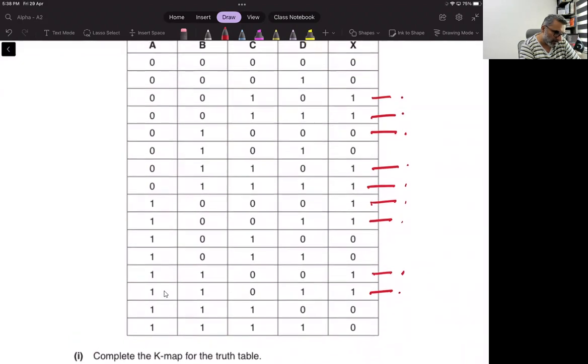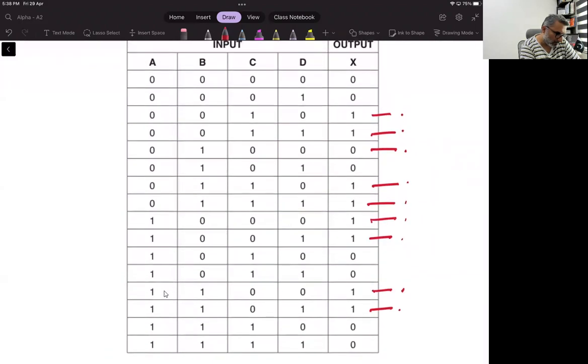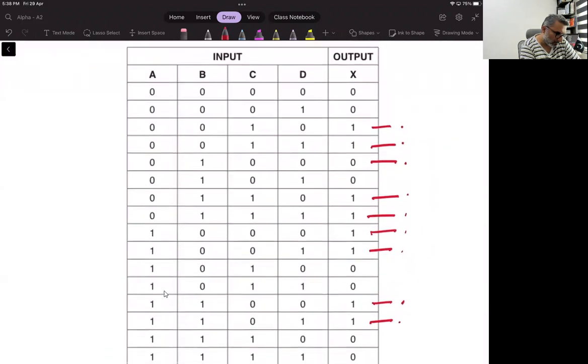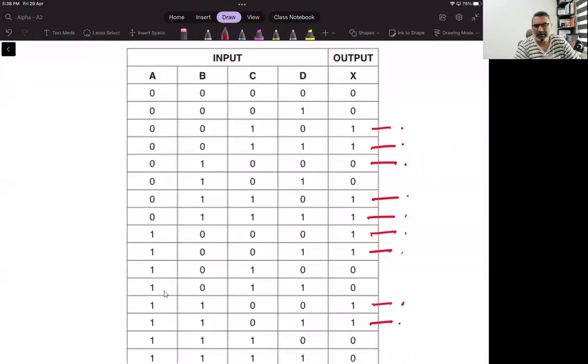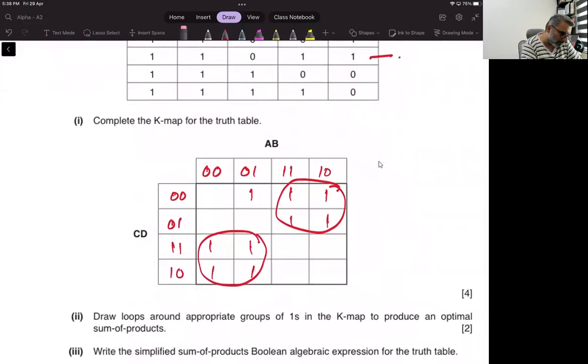Huh? We have 8 outputs. You took the one in the beginning; 0100 has a 0 output, but you took it. Oh yes, this one. 0100 has to be removed. Yes, I'm sorry for that.